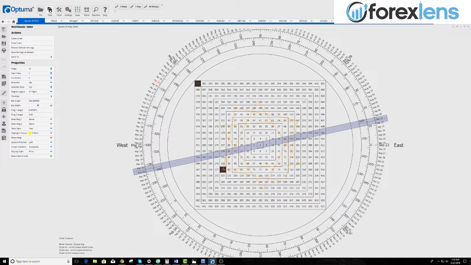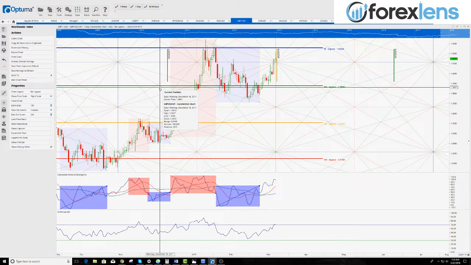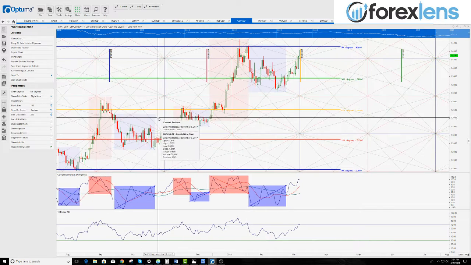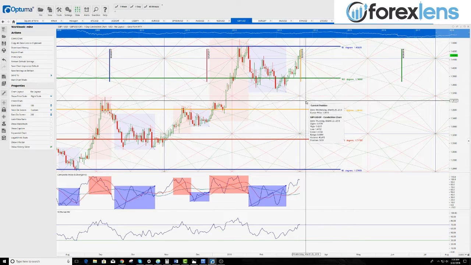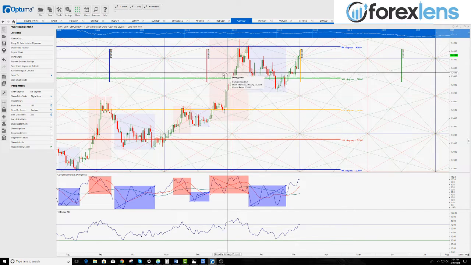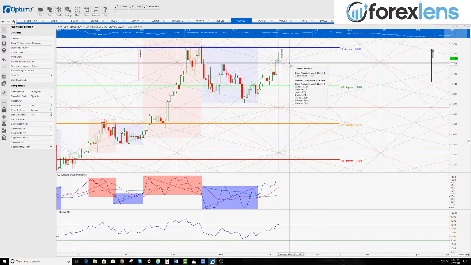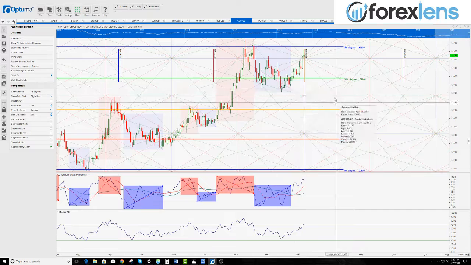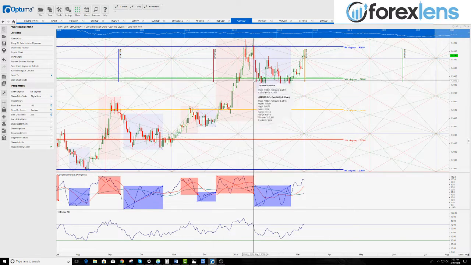Now, Optima has put the ability to auto paint the price levels with the corresponding degrees and the dates. So what I'm looking at here, if you see this construction on the screen, is just the square of 144.